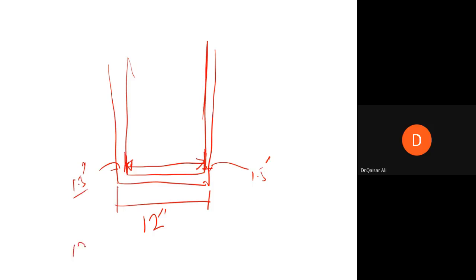So the available space will be 12 inch minus 1.5 inch cover on both sides, and minus 3/8 on one side and minus 3/8 on the other side. So the available space for placement of the bars will be how much?